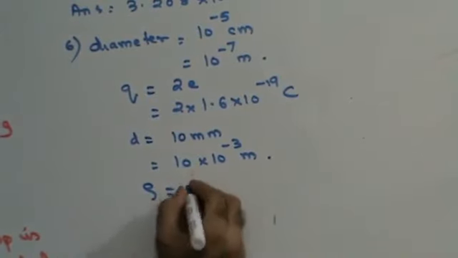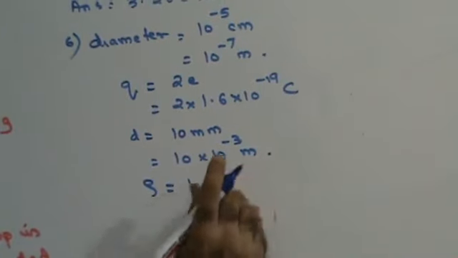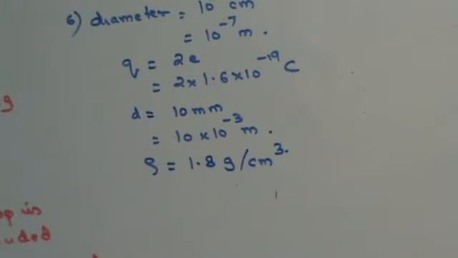If density of oil is 1.8 grams per centimeter cube, calculate the potential difference required.